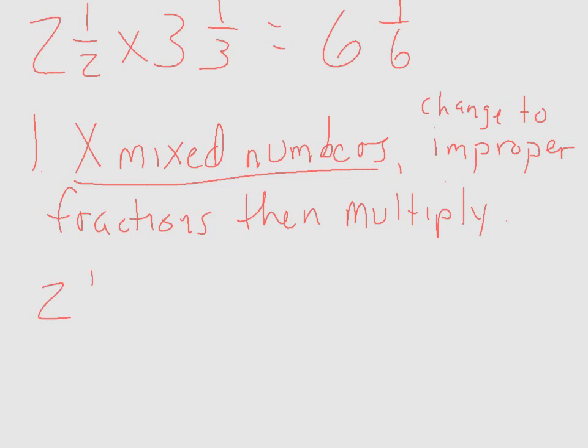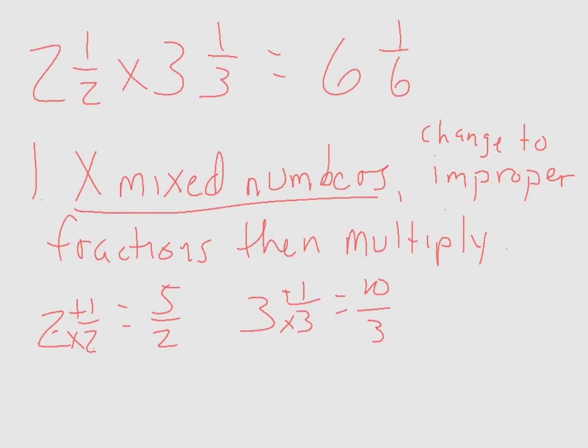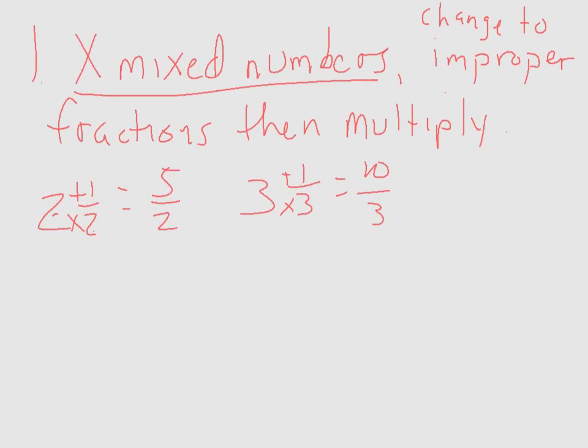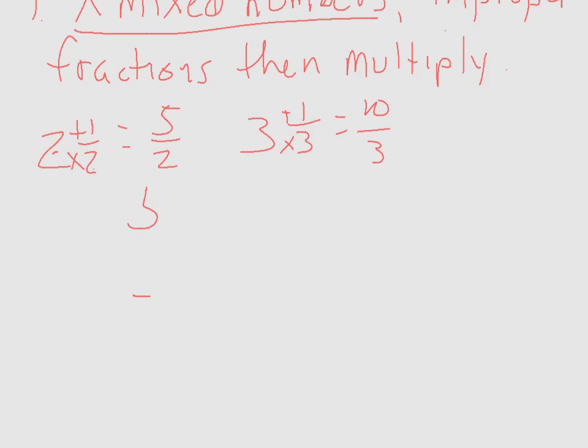Well, 2 1/2 is 2 times 2 plus 1, which is 5 halves. 3 1/3 is 3 times 3 plus 1, turns into 10 thirds. So now 2 1/2 times 3 1/3 really turns into 5 over 2 times 10 over 3.